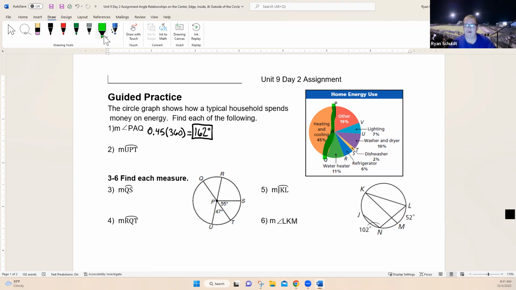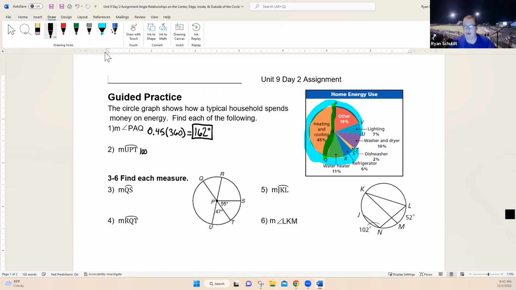Now they ask about the measure of arc UPT. UP. I keep going until I get to T. So everything but the washer and dryer.